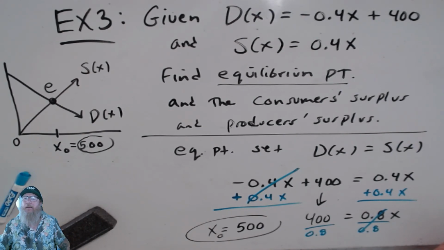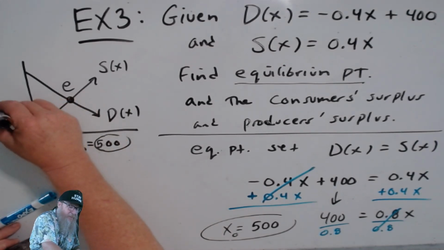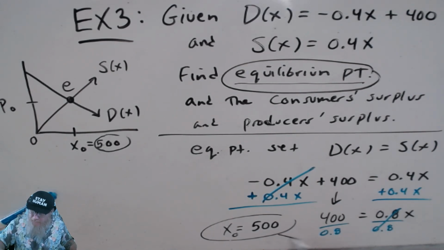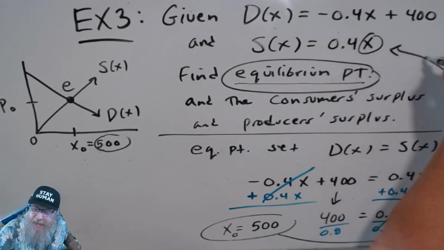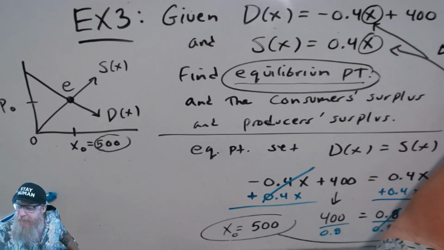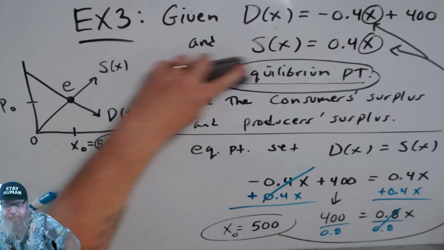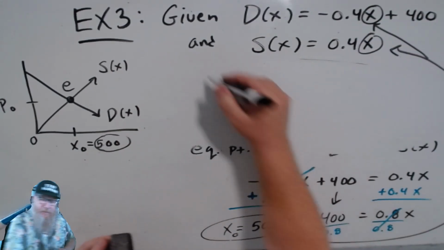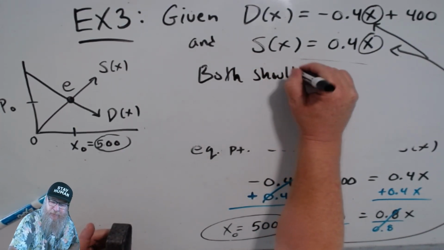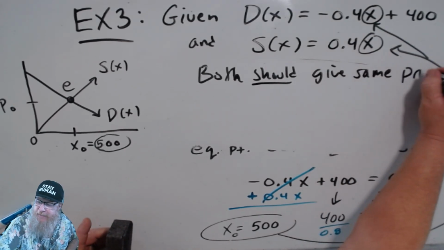Okay. And now to find P0, remember it's equilibrium. So if you plug 500 into either one of these, both equations should give the same price.